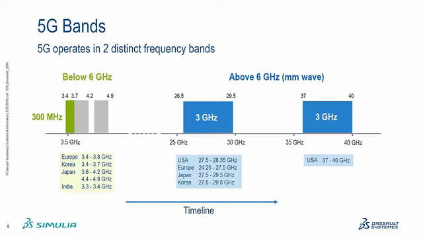And just lastly on this slide, you'll see the timeline there at the bottom. The initial set of 5G products will be based in the below 6 gigahertz range, and then the above 6 gigahertz range, which is still actually in the definition and standard stage, will come a few years later. Actually, there's one other point I want to mention on this slide. In the boxes just above the timeline, you'll see different frequency ranges for different geographical regions.